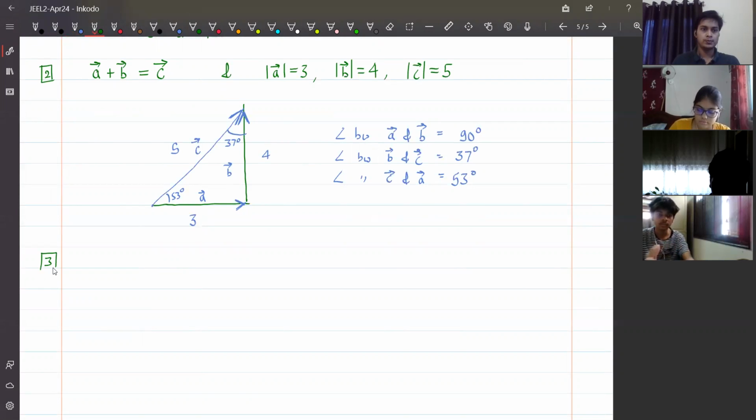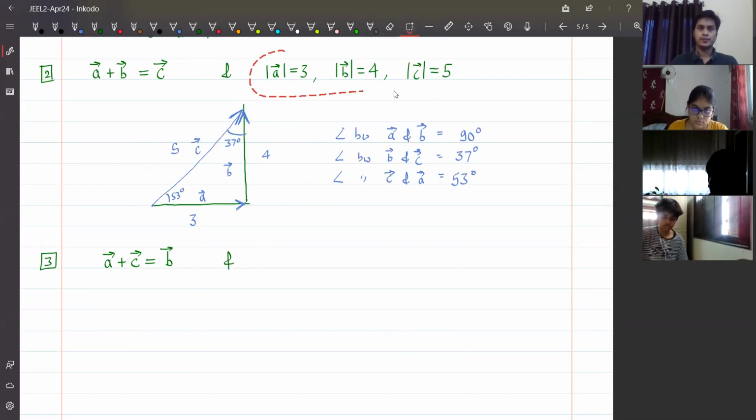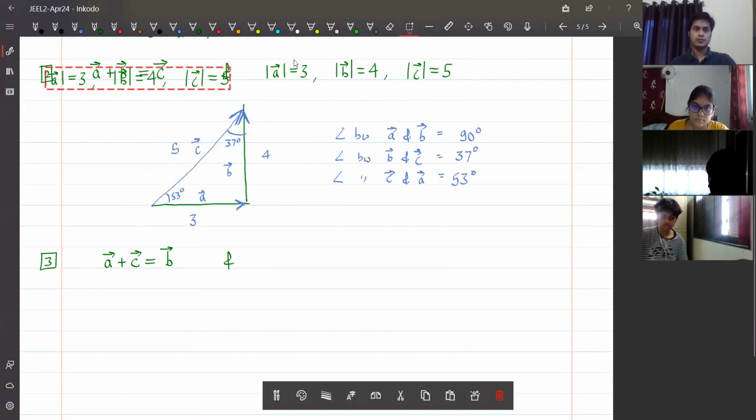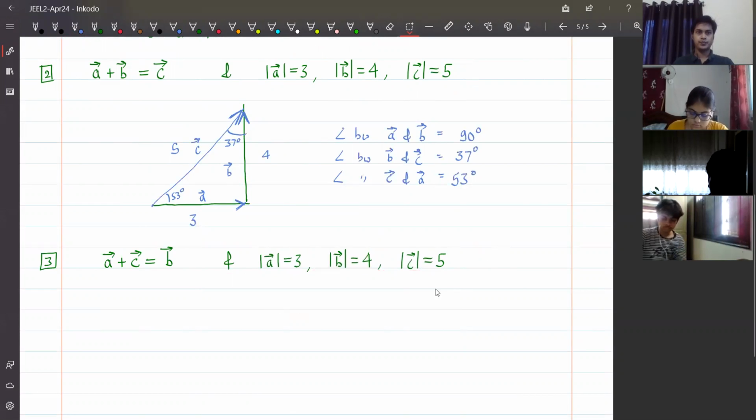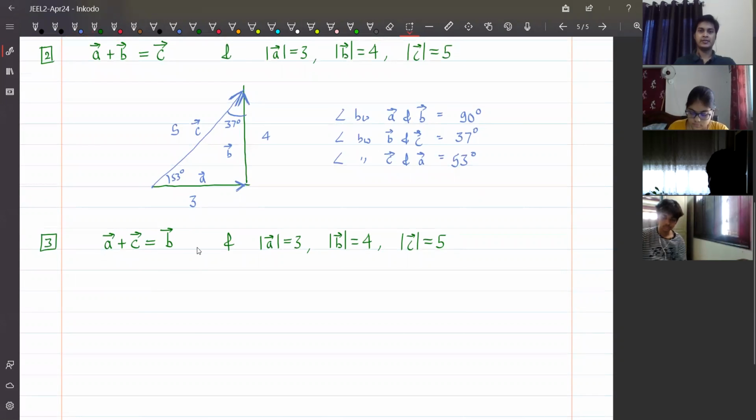Let us solve one more. Here I have changed the condition. Now A vector plus C vector is B vector. So first draw the triangle and then find the angles.